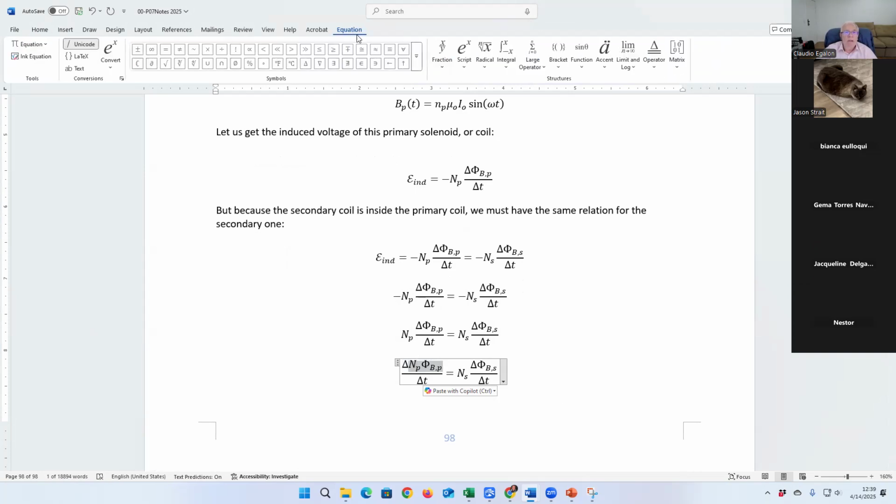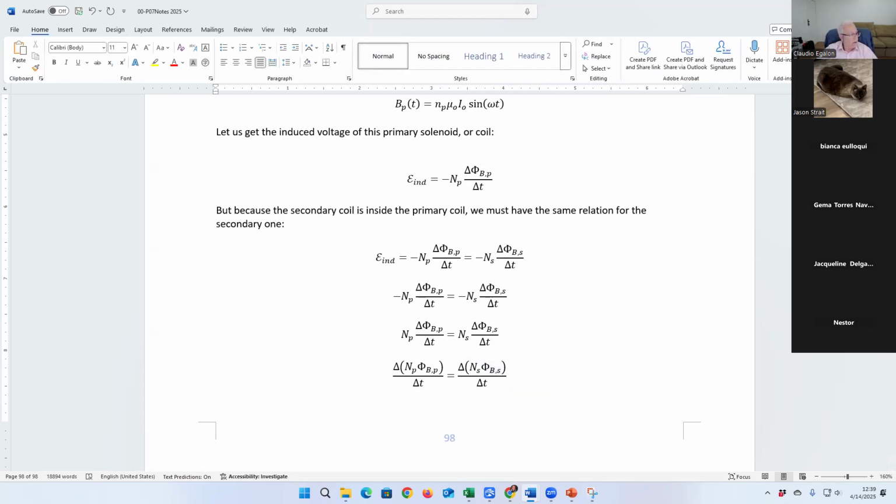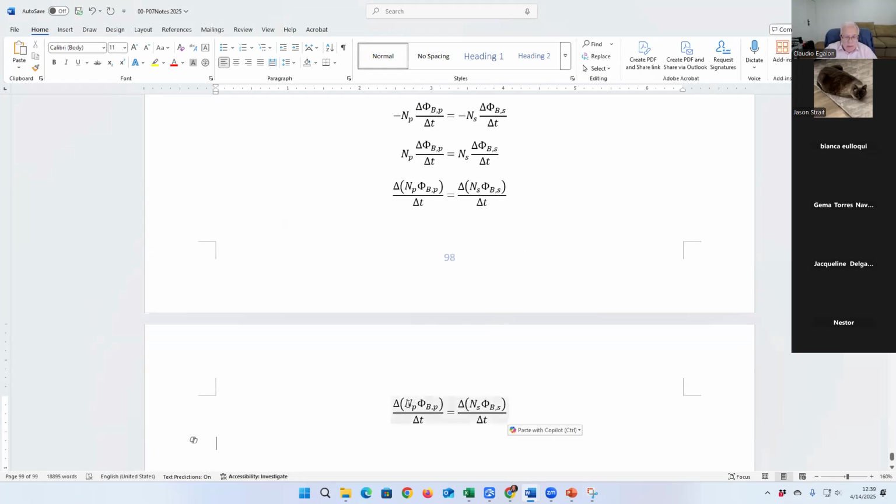Let's put the parentheses here, and then copy this one, put it right in here as well. But now I have to change the subscript, right? Here you go, secondary. And then we get an even simpler equation. This term here must be equal to the other term.